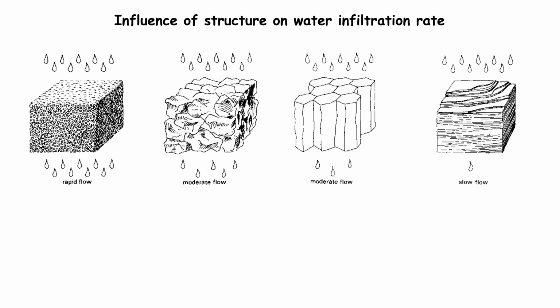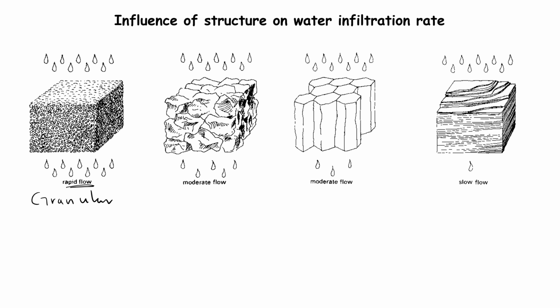The last slide for this video is just this idea of the influence of structure on water infiltration rates. We can see that if we have granular structure, we have very rapid flow rate.